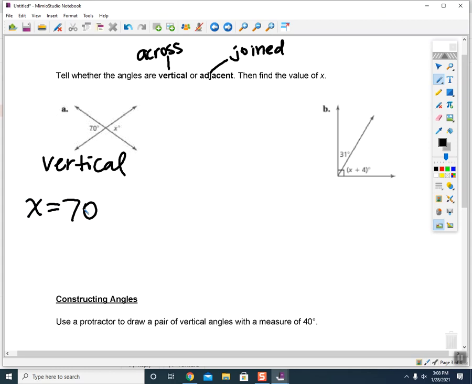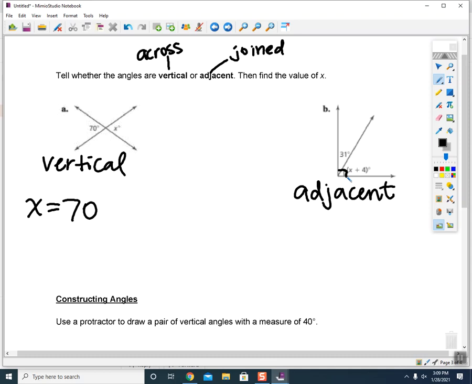If I look at letter B, these two angles are connected, they're joined. So these are going to be adjacent angles. Okay, and this one may feel a little bit trickier, but here's what I know. These two angles come together and they form a specific kind of angle. And I know that by this box down here, which means it forms a 90-degree angle.